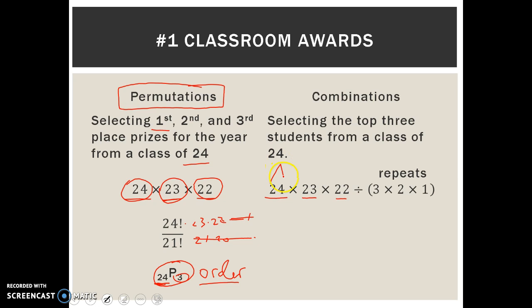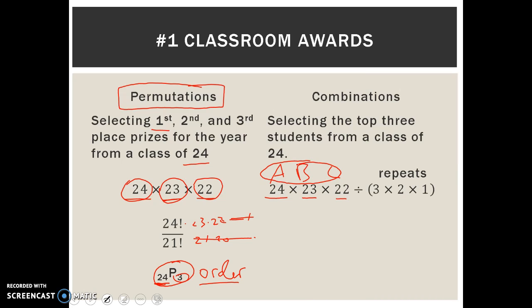However, let's say you pick, I don't know, Al, Bill, and Chris. Well, if you pick Al, Bill, and Chris and give them certificates, then it wouldn't matter whether you picked Al first or Bill first, or Al first or Chris first. These 3 people could be on this list really 6 different ways. It could be Al, Bill, Chris; Al, Chris, Bill; Bill, Al, Chris; Bill, Chris, Al; Chris, Al, Bill; or Chris, Bill, and Al.